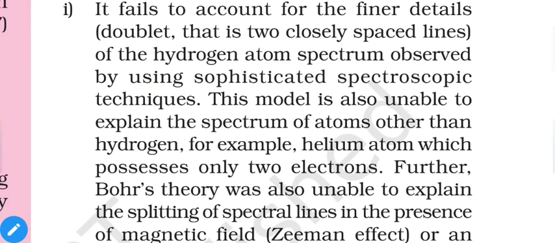Then this model is also unable to explain the spectrum of atoms other than hydrogen, for example the helium atom, which possesses two electrons. Further, Bohr's theory was also unable to explain the splitting of spectral lines in the presence of a magnetic field. Suppose we have a doublet like this, which appears as a single thick line.